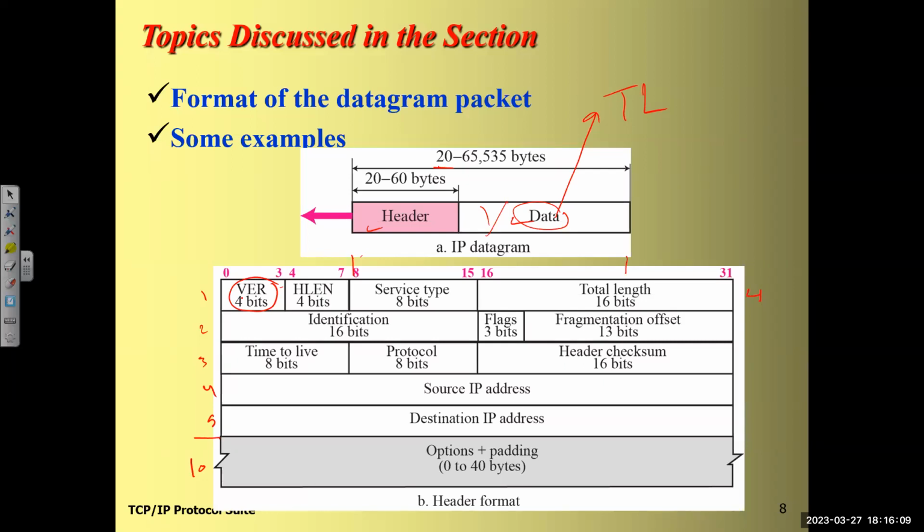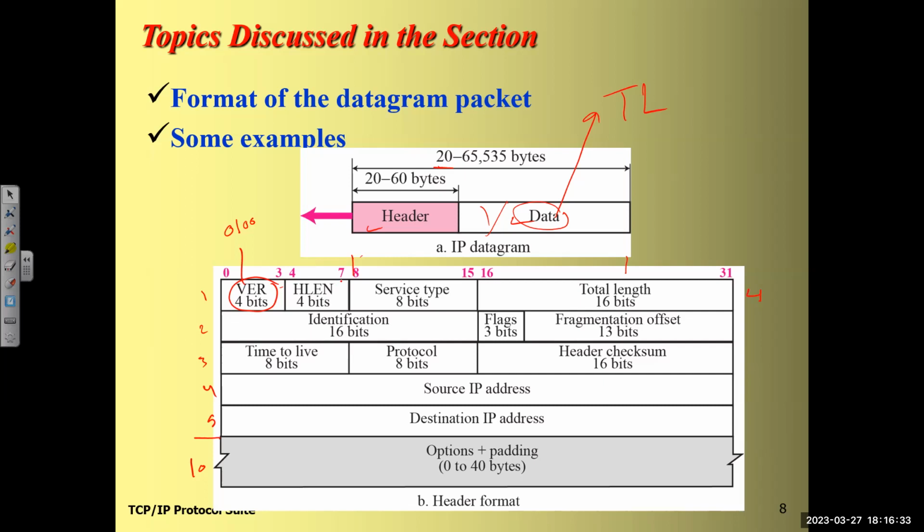We said before 2. IPv4 and 6. Correct. So usually most of the time when you use a packet, this one will be 0, 1, 0, 0. Correct. That means IPv4. IP version 4. Correct. Because it's 4 bits.